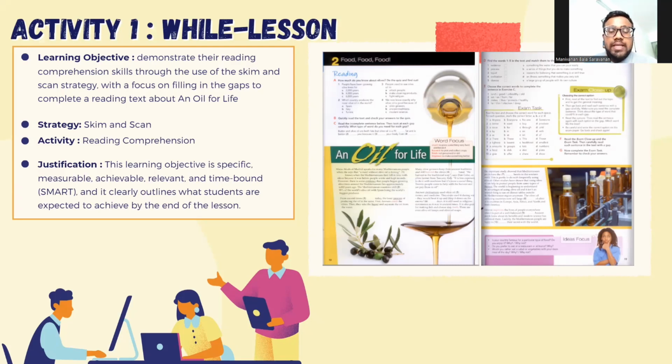The text itself comes with blanks to fill, which allows the students to skim and scan for the answers to complete the text, so that they get a completed version of the text and can gain information for the other activities. So let me pass to Pratibha to discuss further on activity two of the while lesson.